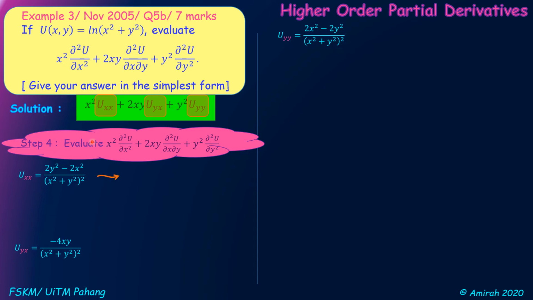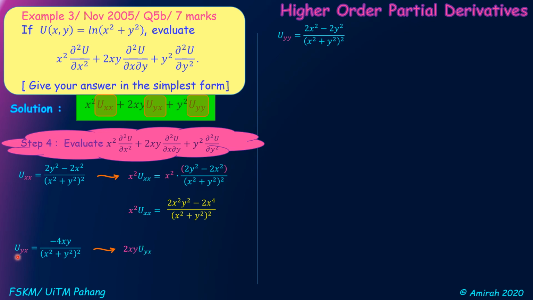Okay, and then we can multiply uxx by x squared here. We just multiply x squared with the numerator only, because x squared here means x squared over 1, so we multiply only the numerator. So we get (2x squared y squared minus 2x to the power of 4) over (x squared plus y squared) squared.